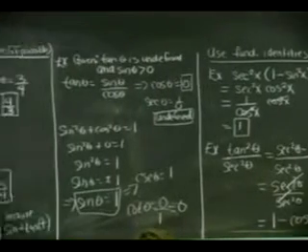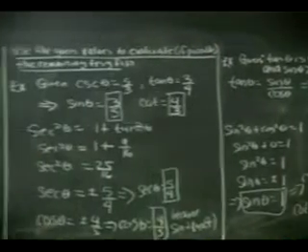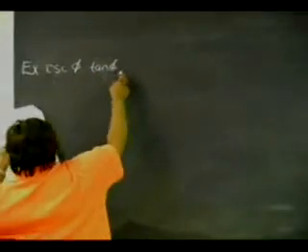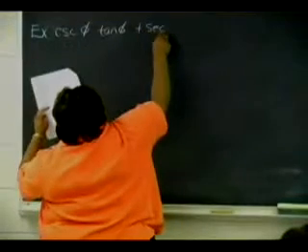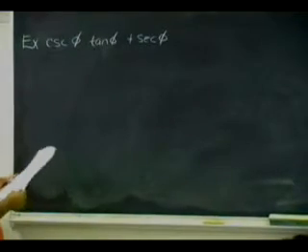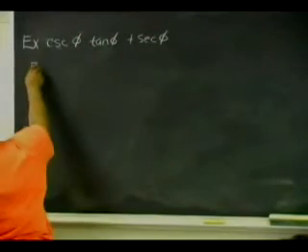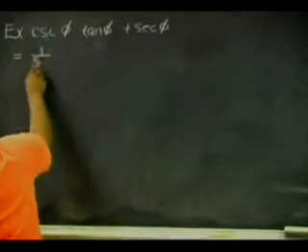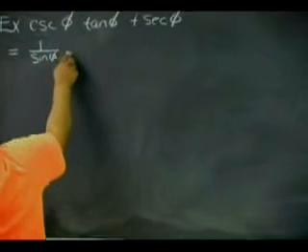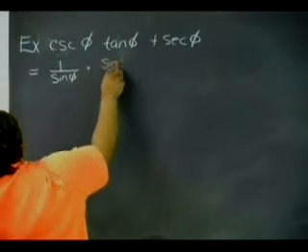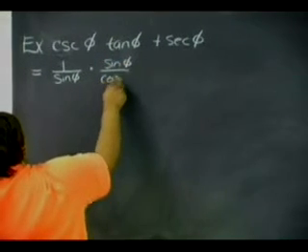Let's look at another one. Cosecant phi times tangent phi plus secant phi. Now what is this going to give us? Well, what is cosecant? 1 over sine. What is tangent? Sine over cosine.